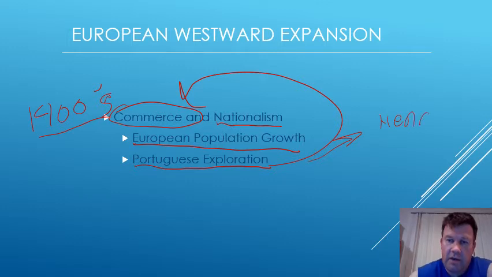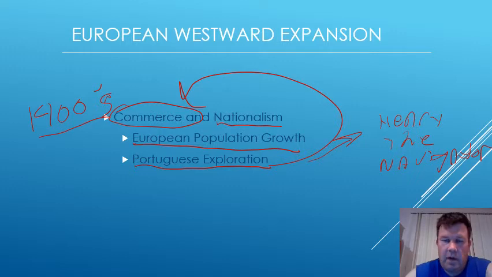I'm sorry, my handwriting's really bad, but whatever. So Prince Henry the Navigator believes it's really important to establish a trading route to India. He thinks the way to do this is to travel southward through the southern part of Africa and then back up to get to India.